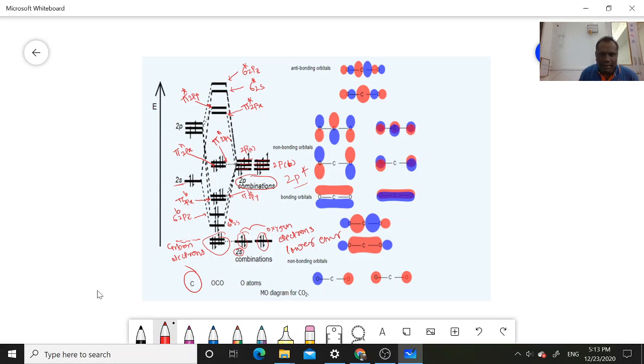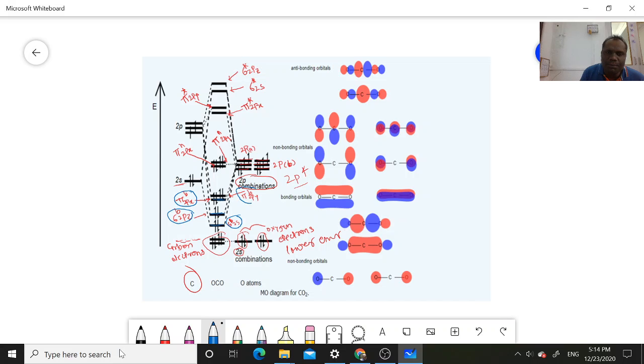Now the orbitals formed here are the sigma 2s bonding molecular orbital, and this is the sigma 2pz bonding molecular orbital, and this is the pi 2px bonding molecular orbital.